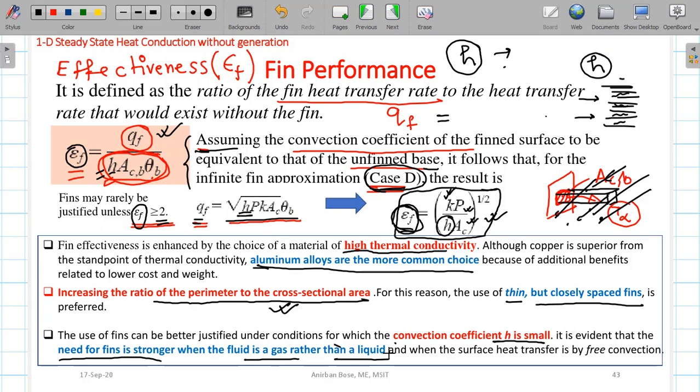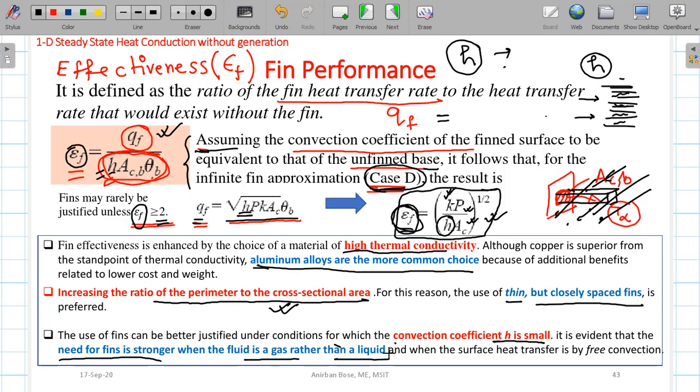If you remember the different values or the ranges of the convective heat transfer coefficients in case of gases and liquids at different conditions that we listed earlier, you will find that in case of gases the convective heat transfer coefficients are generally low compared to the liquid.